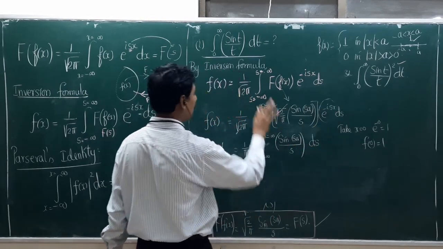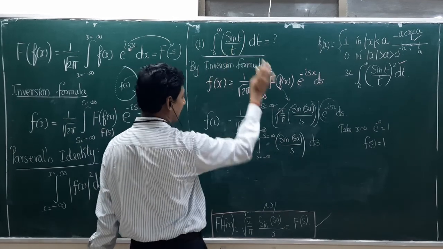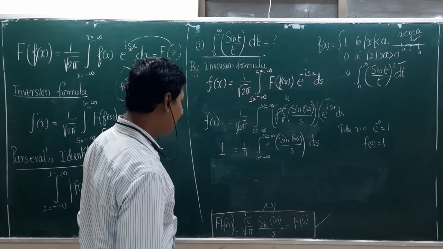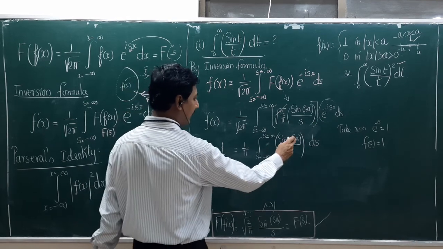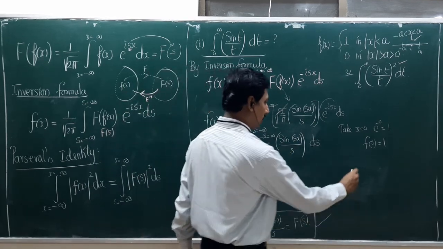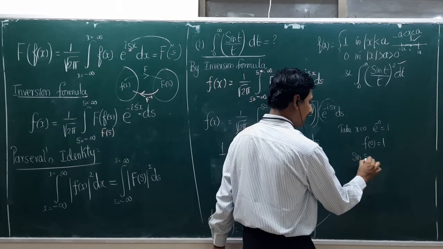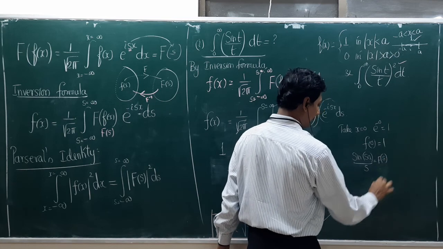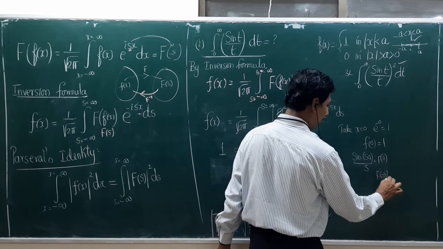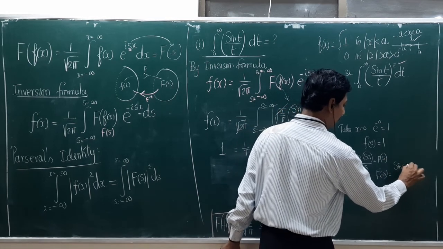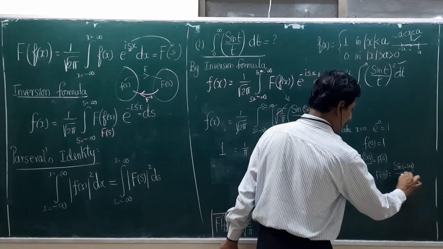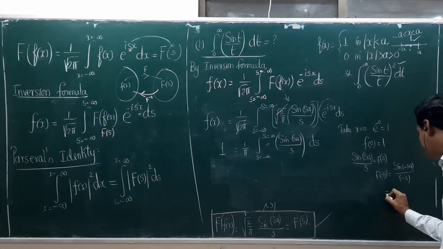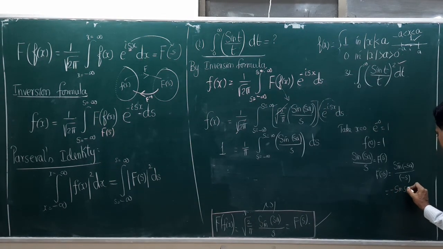So we almost reached the answer. But here we have sa instead of t. Before going to that, take sin sa by s equal to f of s. Can I replace s by minus s? We get sin of minus sa by minus s. Sin of minus theta is minus sin theta, so minus sin sa by minus s.